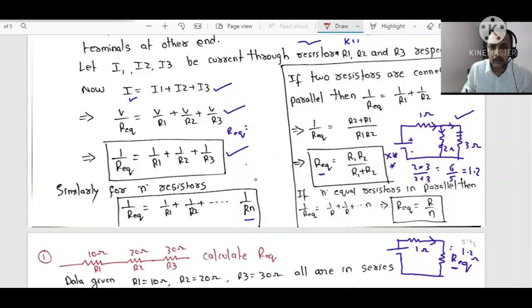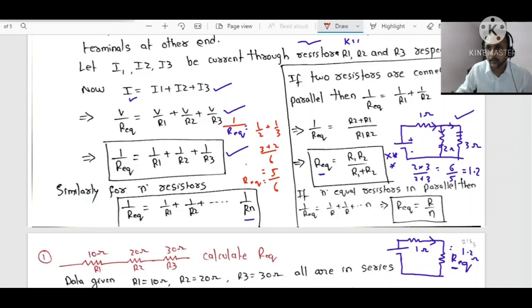The right hand side they will write correctly: 1 by 2 plus 1 by 3, and he will do the LCM also properly, 2 threes are 6, 3 plus 2. What answer will you get? 5 by 6. And he will think that is R equivalent. What is the mistake he has committed? He forgot on the left hand side to consider it as 1 by R equivalent.